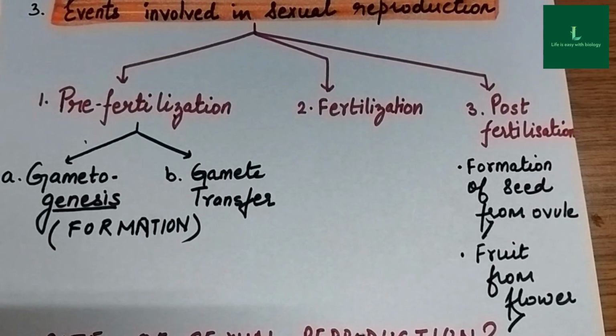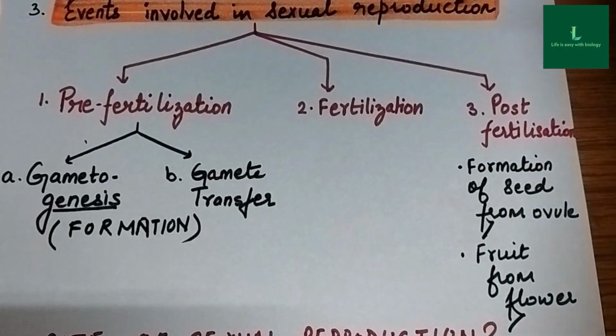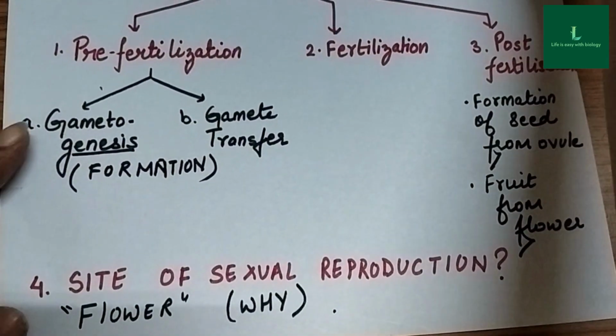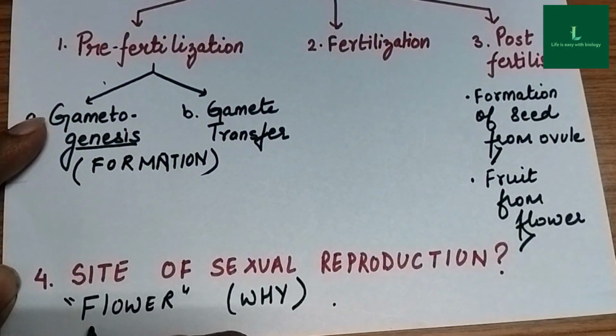Fine. Now, students, you must understand that in case of flowering plants, the site of sexual reproduction कहाँ पे होता है? ये sexual reproduction होता कहाँ है flowering plant में? The site or the place of sexual reproduction is the flower.